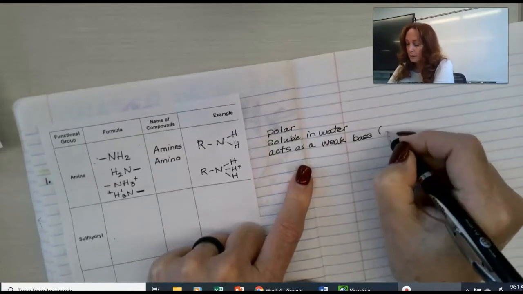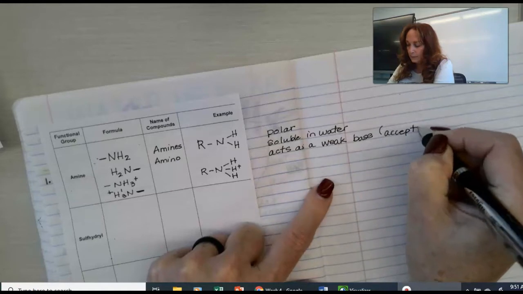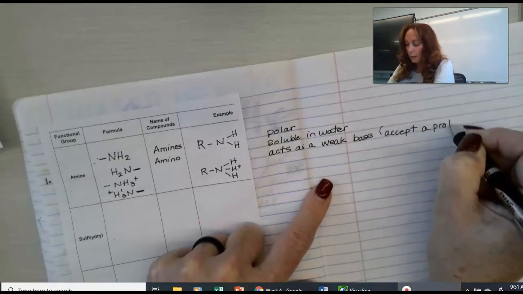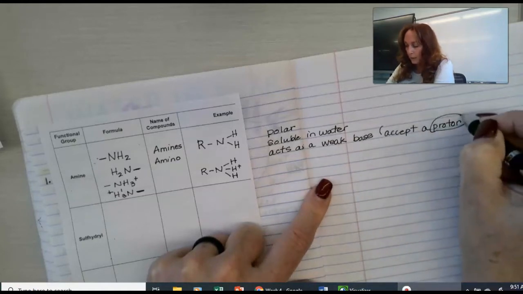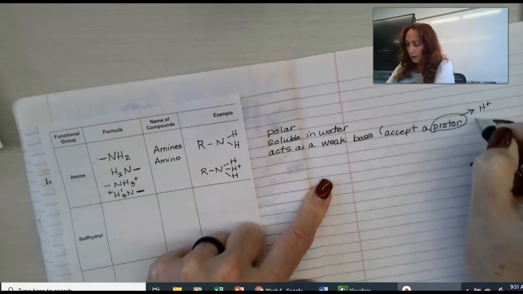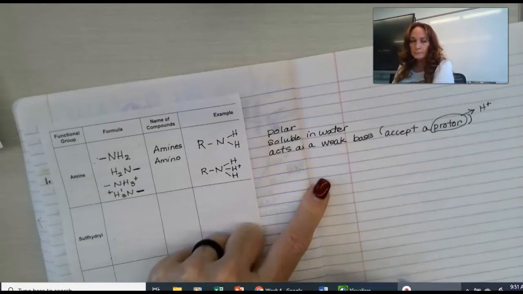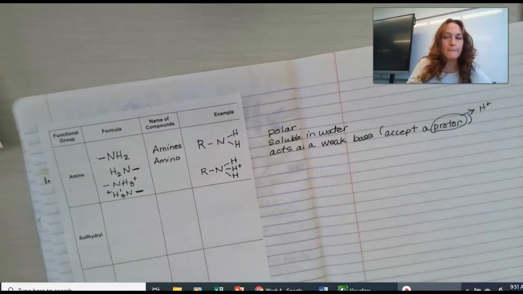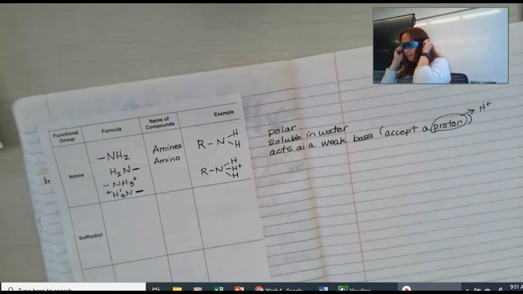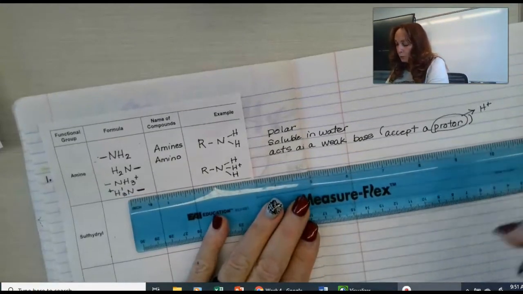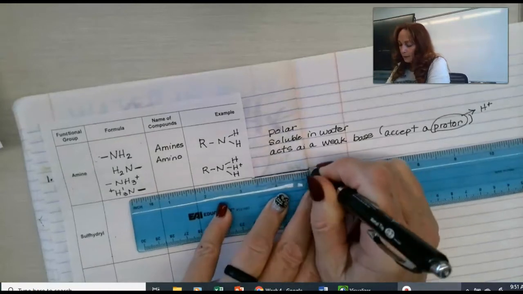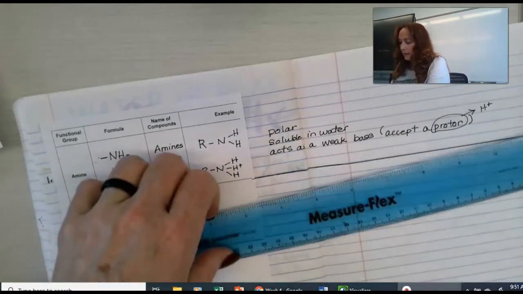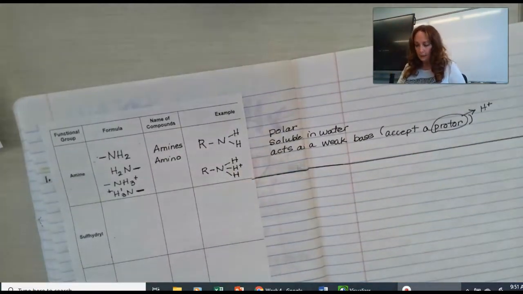The reason is because it can accept a proton, and a proton is another name for a hydrogen ion. Okay, now that's all about amine.